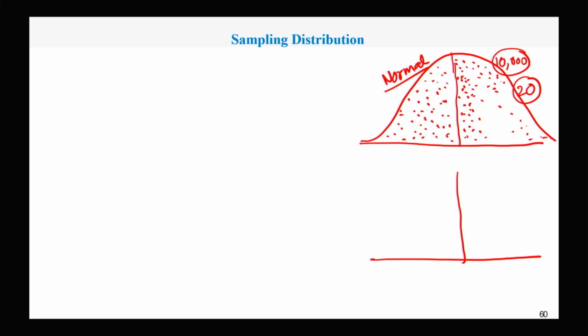If in each case 20 samples are there, then 10,000 divided by 20 means we will get 500 such sets. So we take 20 readings, 20 specimens out of this population, and for sample 1, based on 20 readings, we take the mean.